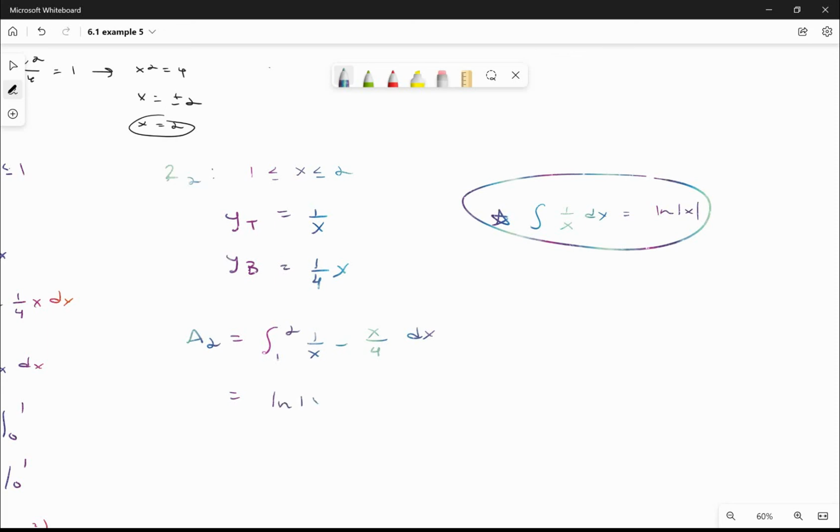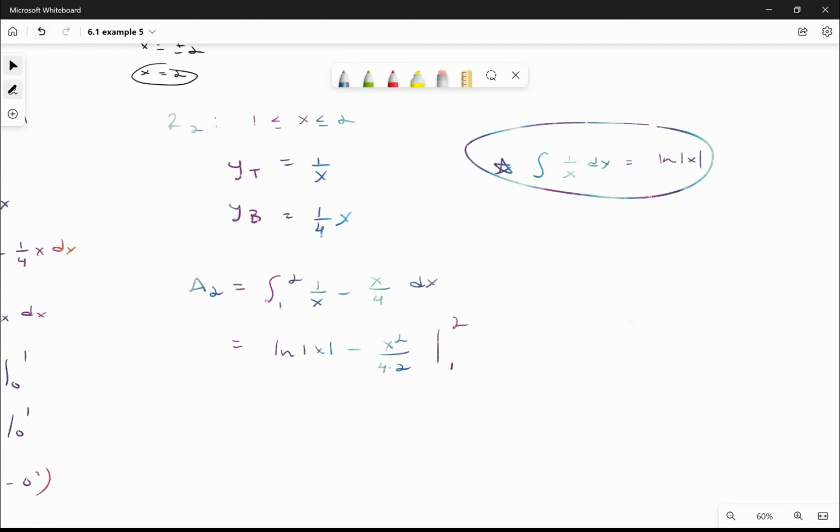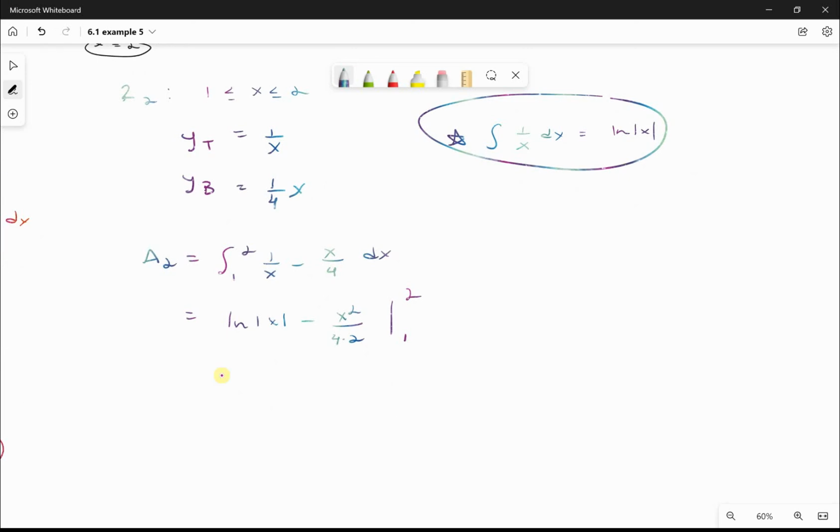So this is ln absolute value of x minus x squared over 4 times 2, and that's from 1 to 2. So this is ln of x minus x squared over 8, from 1 to 2, which is ln of 2 minus 2 squared over 8, minus the quantity ln of 1 minus 1 squared over 8.